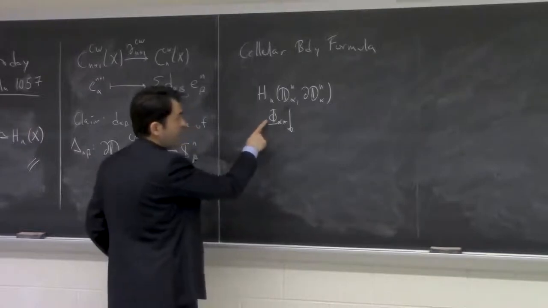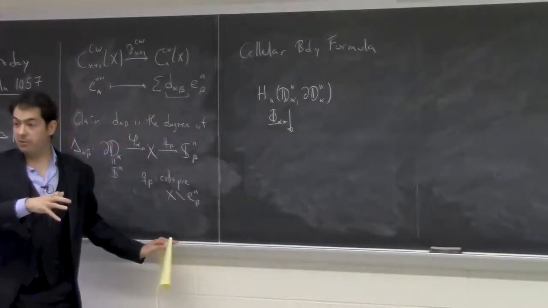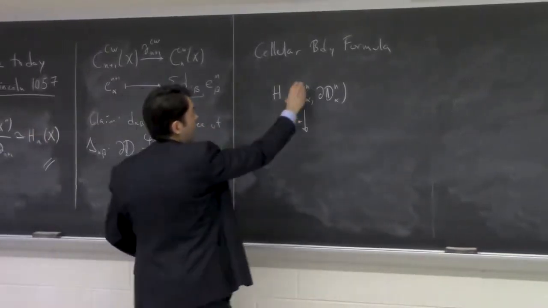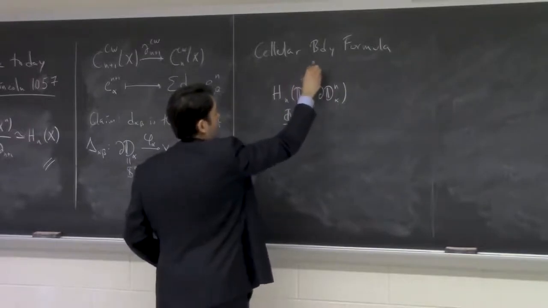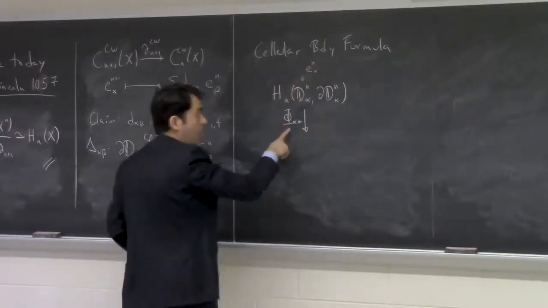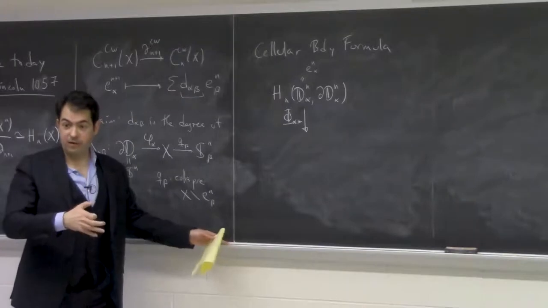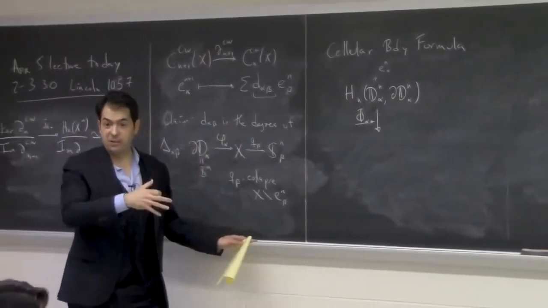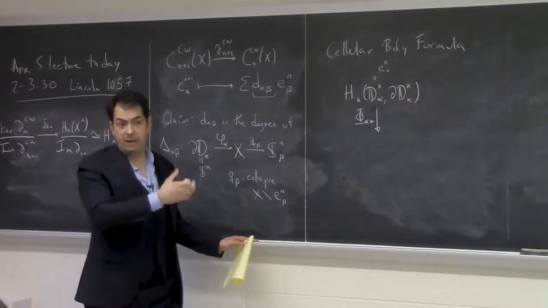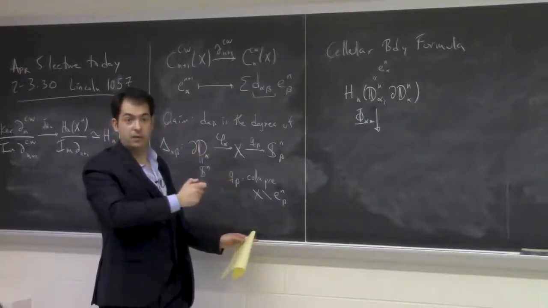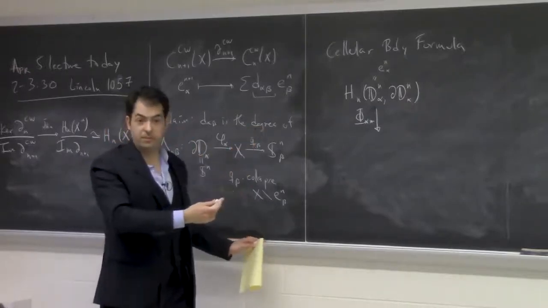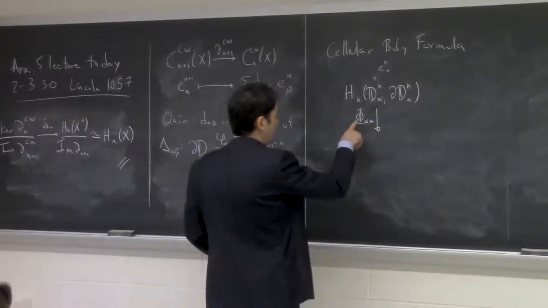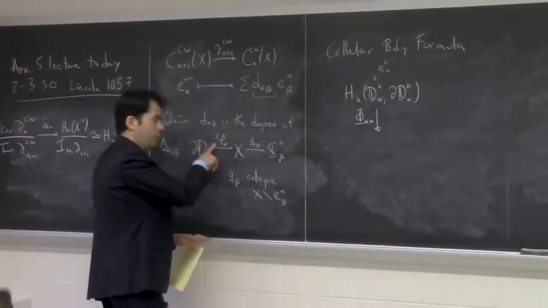Capital phi alpha is going to be the attaching map of the n cell. Remember that when you have a cell complex, you have a characteristic map and an attaching map. The attaching map is on the boundary, and the characteristic map is just an extension of that to the rest of the disk. So this capital phi restricts to the boundary to be lowercase phi.